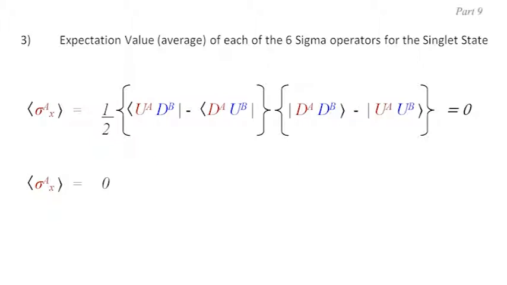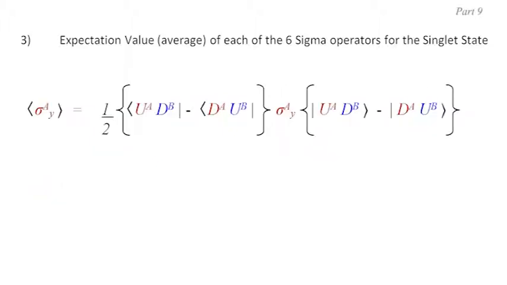Okay, so now let's look at the other two directions, Y and Z, again just for the A electron. For Y, it is almost exactly the same calculation as we had for X. The average value of the Y component of the spin of the A electron when it is entangled with a second electron, namely in the singlet state, is given by the sandwich of sigma AY between the bra and ket form of that singlet state.